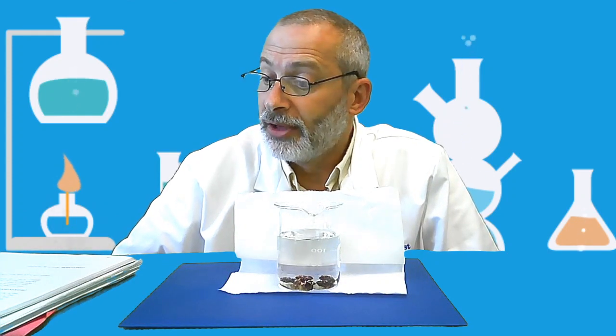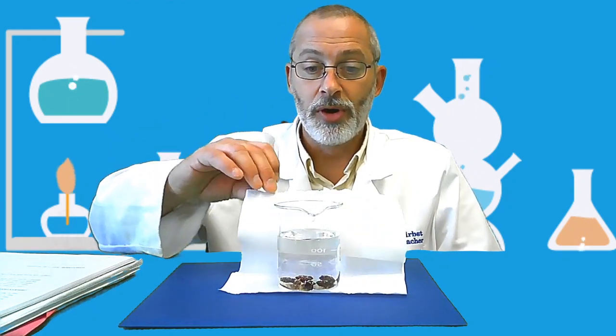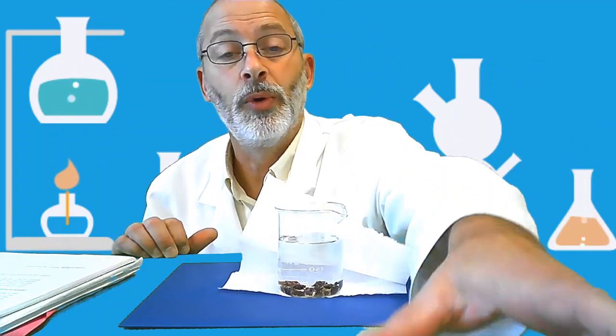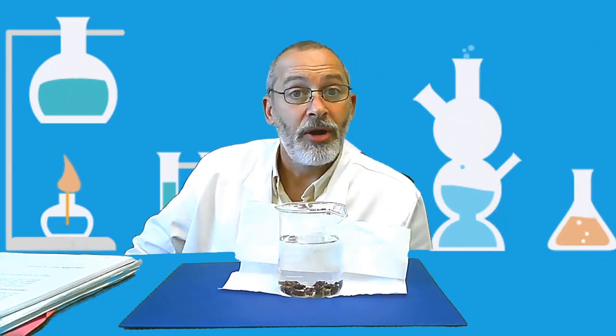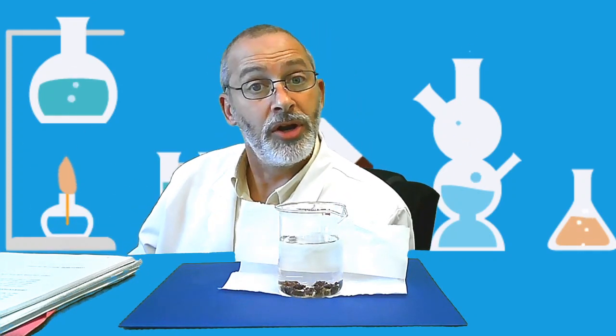So think about that. And we're going to let these sit for the next day. We're going to let them sit for a day before we come back for the next part of our experiment. So let's head back to our notes here for a moment.